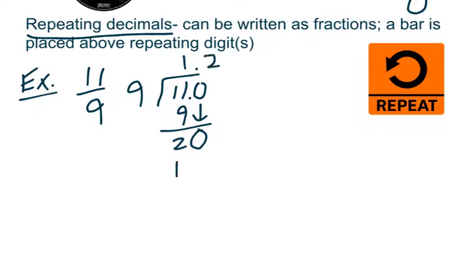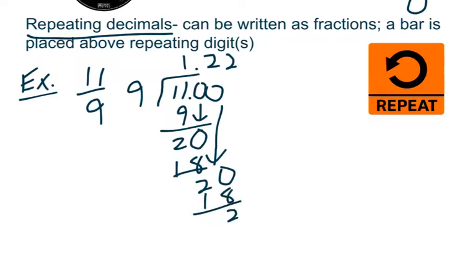We get 18. Bring down another 0, and what do you notice is happening? We keep getting the same remainder over and over again. Well, I see what's happening, so I'm going to go ahead and stop it and just put it equals 1.2 with a bar over the 2, because I know that 2 is going to repeat forever.